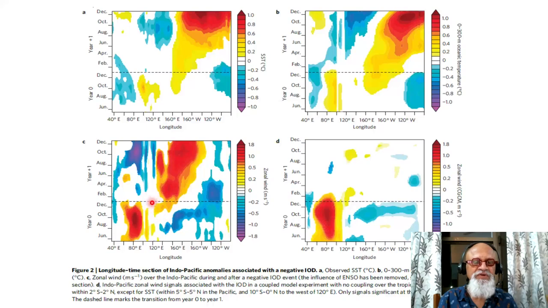Okay, so on. So you can see winds here over the Indian Ocean, positive. So these are zonal winds, positive, and here you have negative. So you have the evolution of winds.